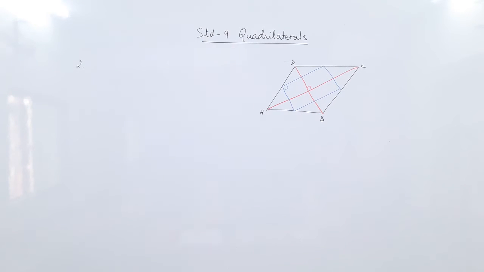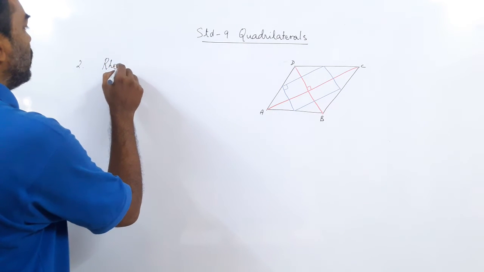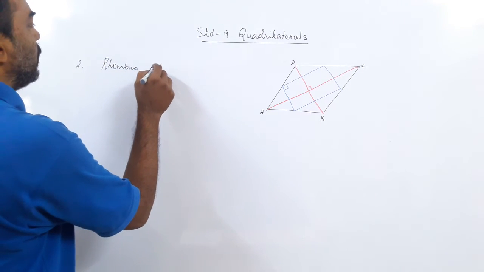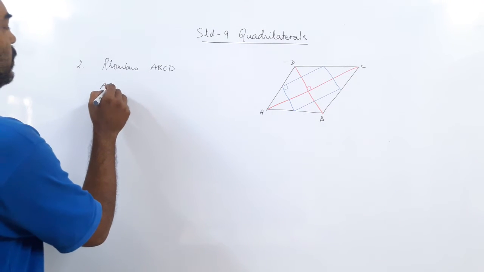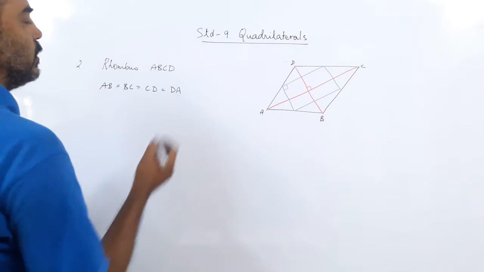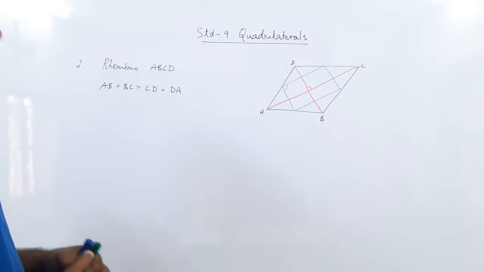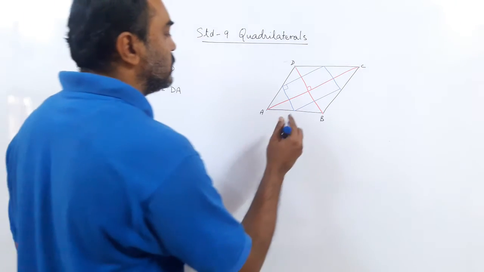In this sum, we are given a rhombus ABCD. So ABCD is a rhombus. So we have AB equal to BC equal to CD equal to DA. We are given ABCD is a rhombus, and we join the midpoints of the sides of this rhombus.